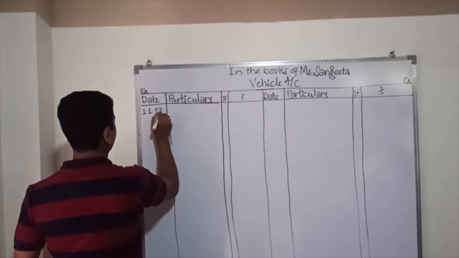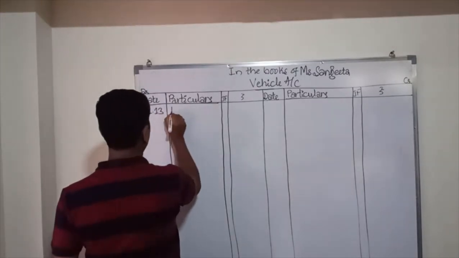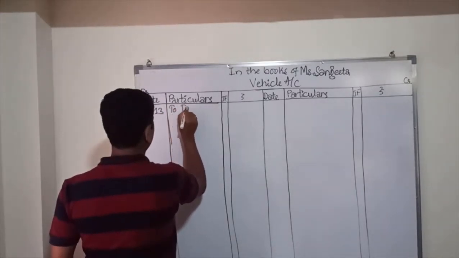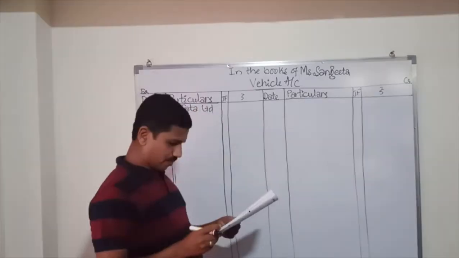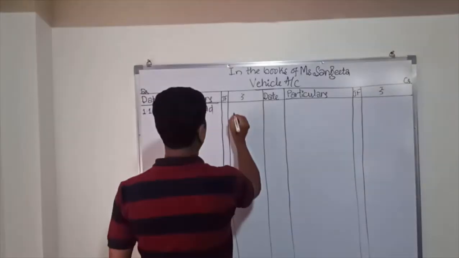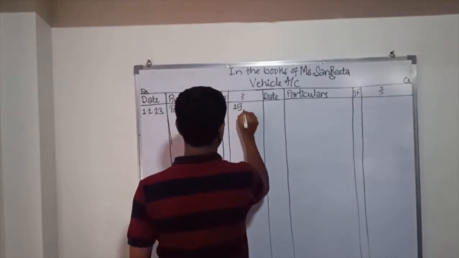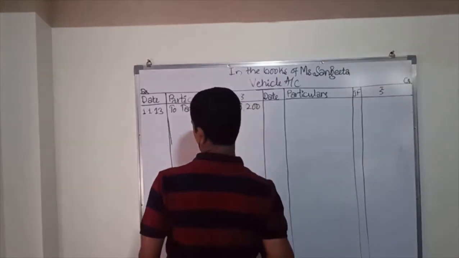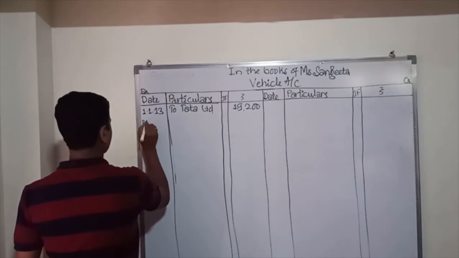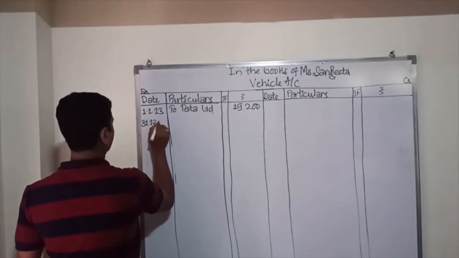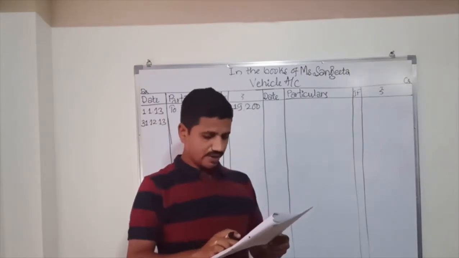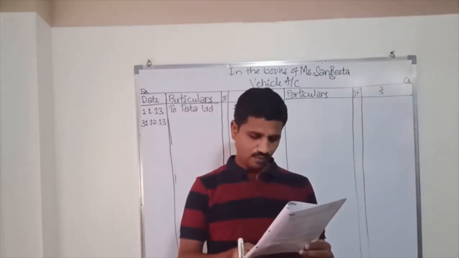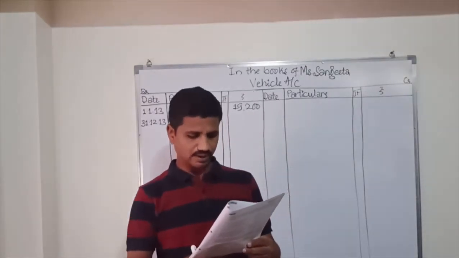So when the down payment is payable, vehicle account debit to Tata Limited. So here the down payment made is rupees 19,200. The first installment is due on 31st/12/2013. So the installment here is given as 32,400, right?